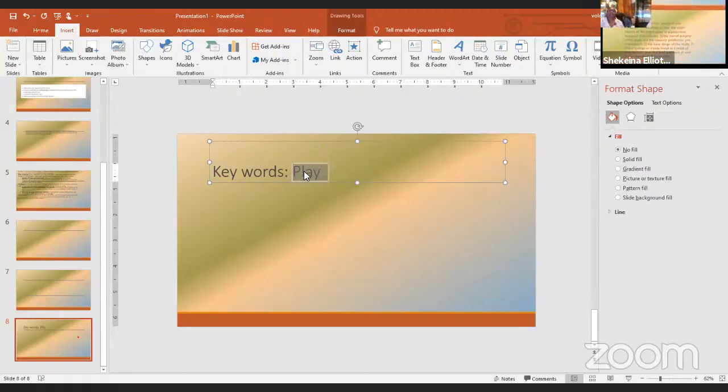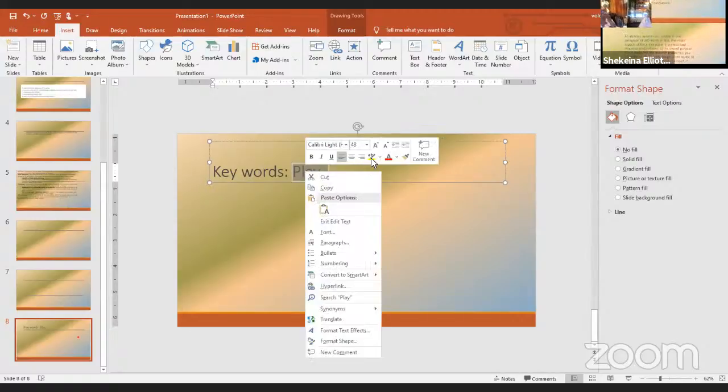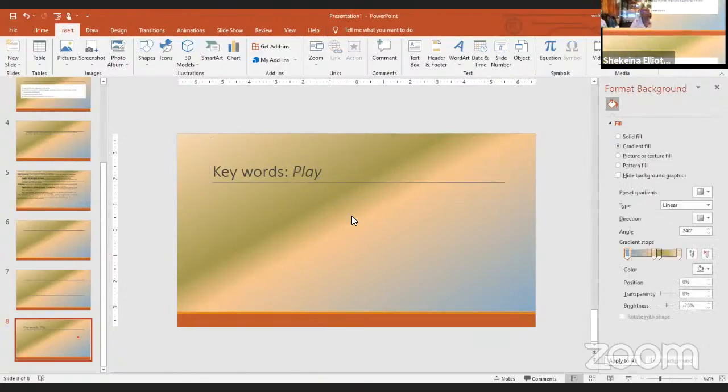Where is it? Italicize. So you italicize it. All right. That's how you present it at the end of the abstract. So this is what is expected of you for your abstract.